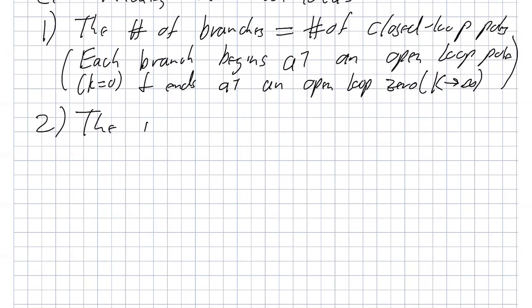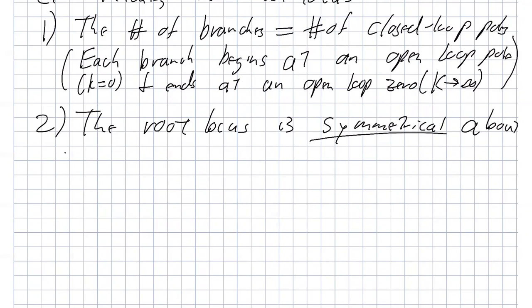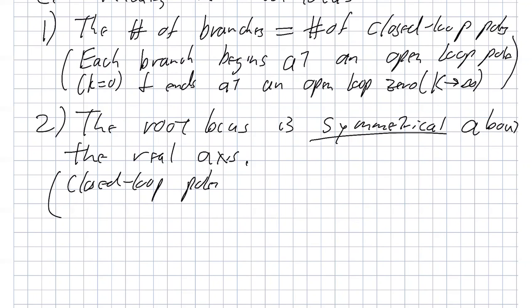The other thing that we need to remember is that the root locus is symmetrical about the real axis. Okay, so why is that? Well, the reason is that closed loop poles are either real or complex conjugate pairs.